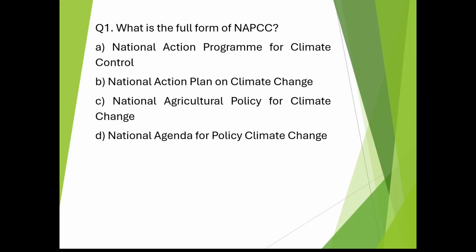Option B is the correct answer for this question number 1. So if something is taught in these terms, you should be able to understand the meaning of NAPCC. It is India's national strategy to address climate change, comprising 8 core missions and including the NMSH, which we will be discussing later on.